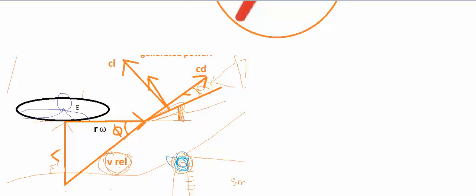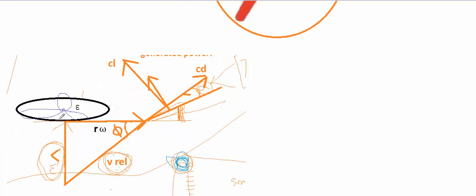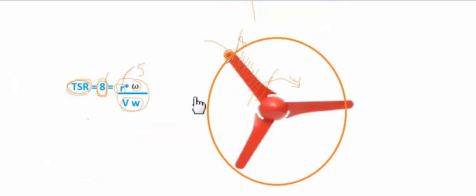Right, so now observe this figure very carefully. If you observe this figure carefully, you would observe that the velocity of wind right here is constant for all the elements. That means the velocity of wind here is equal to the velocity of wind here.